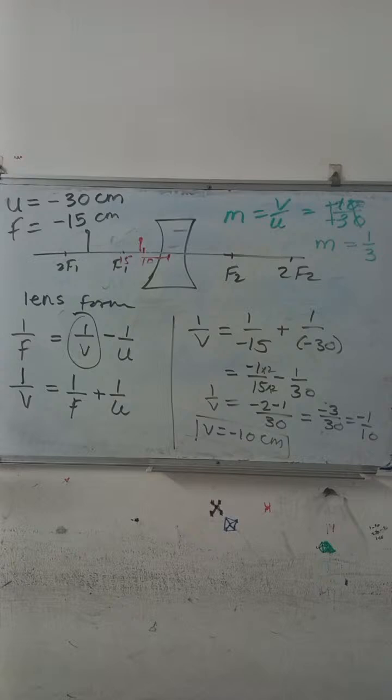Okay, so it's a very clear statement, first one. They are saying the image is formed by the lens for different positions. All positions means what?